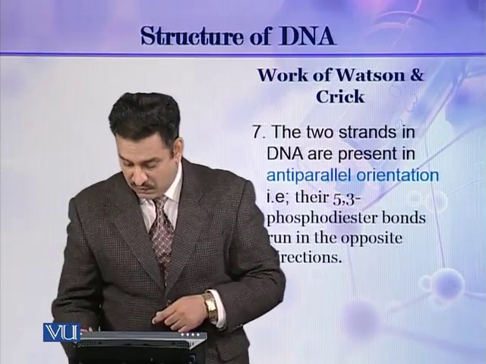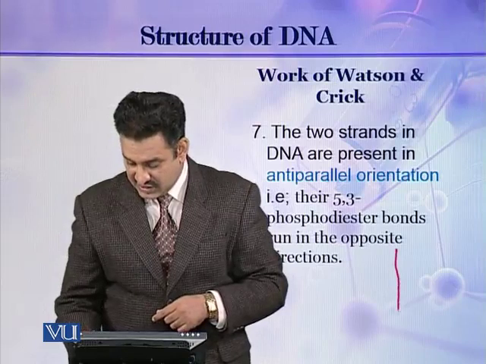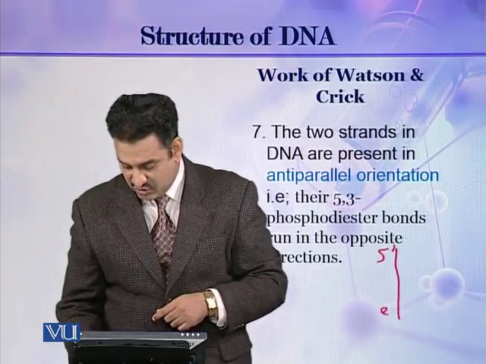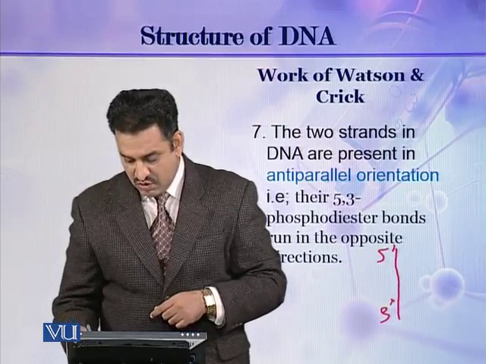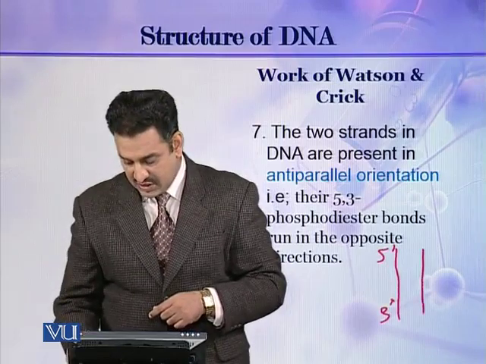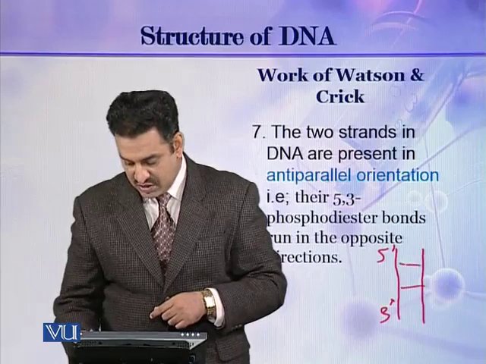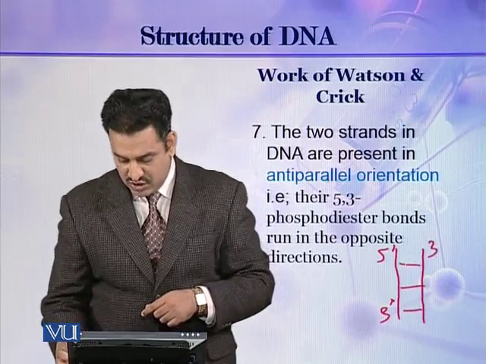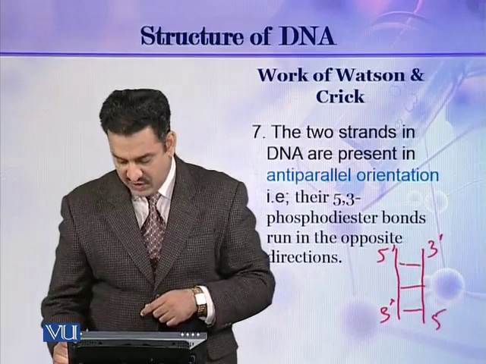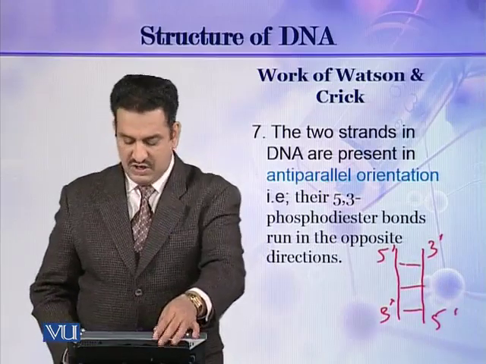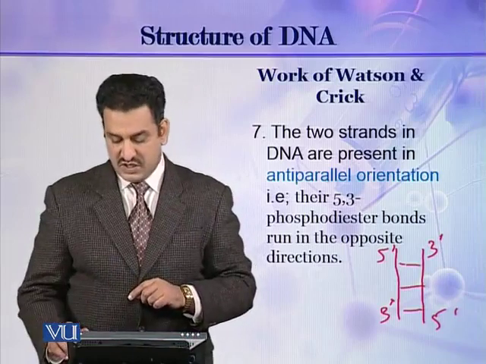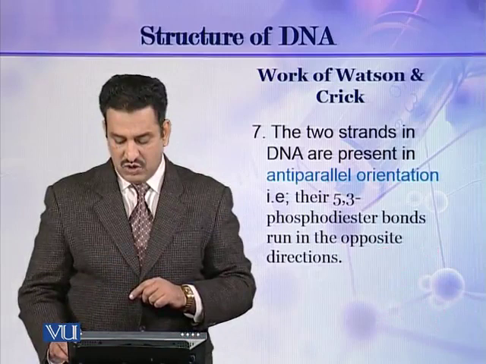That means if one strand is like this, its 5' is here and 3' is here, while the other strand will be in the opposite orientation. That is, its 3' will be here and 5' will be here. So in this way, the two strands are present in an antiparallel orientation.